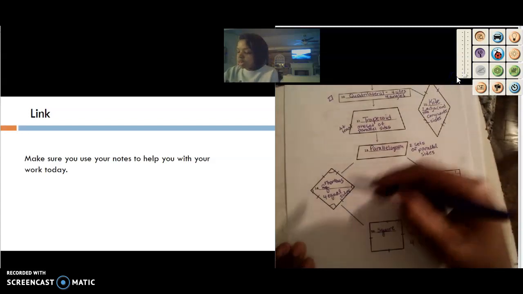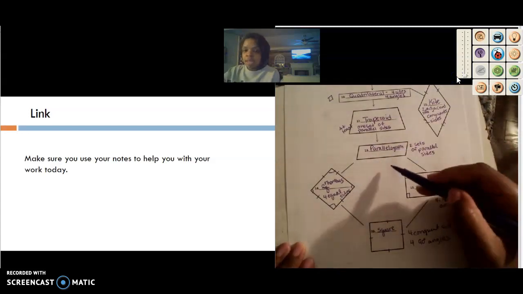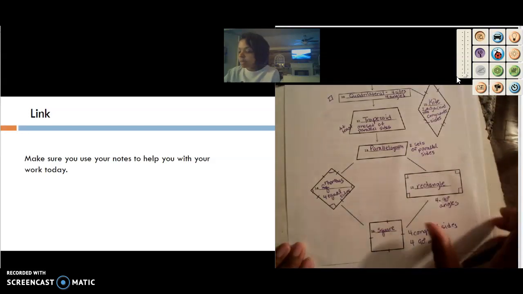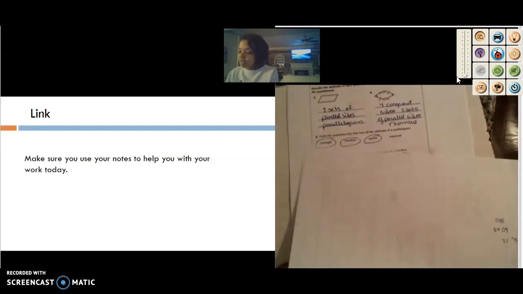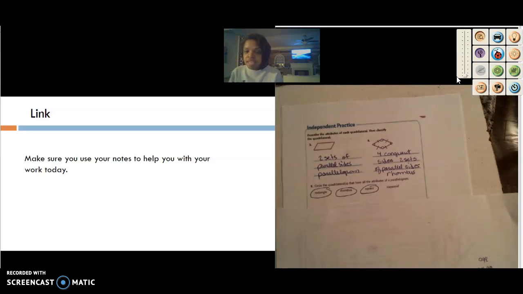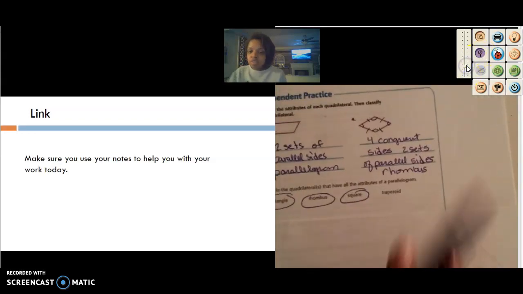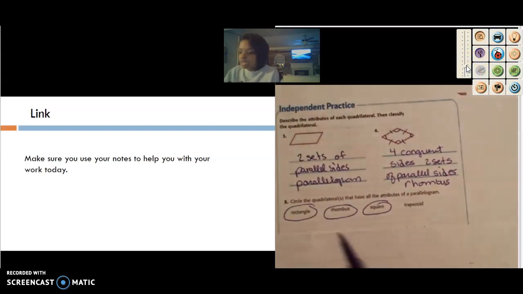So a square is a parallelogram. A rectangle is a parallelogram. A rhombus is also a parallelogram. So if I'm looking here at number 5 and I want to circle all of the quadrilaterals that are parallelograms, it would be a rectangle, a rhombus, and a square according to the hierarchy. Okay?